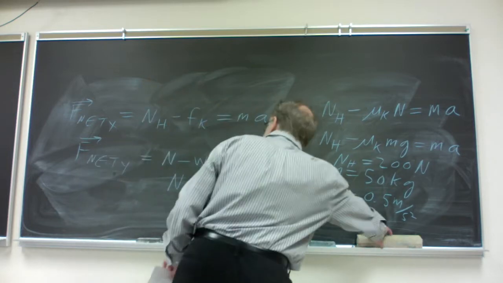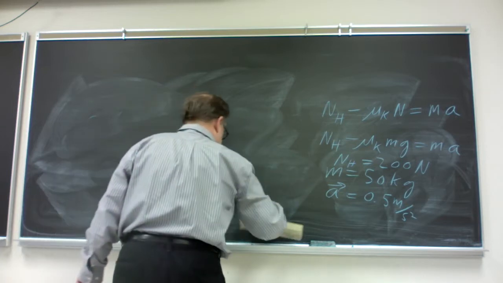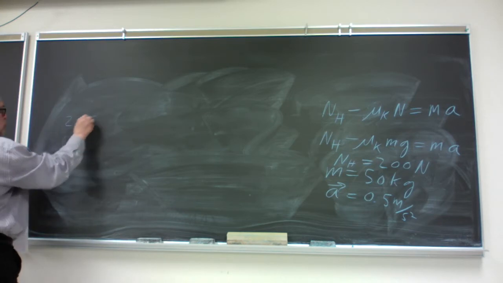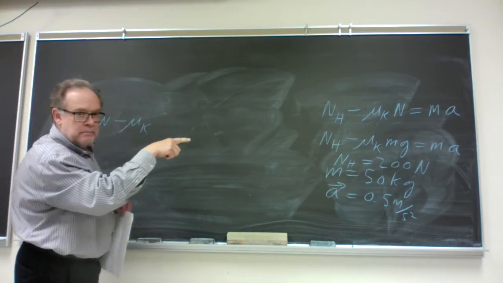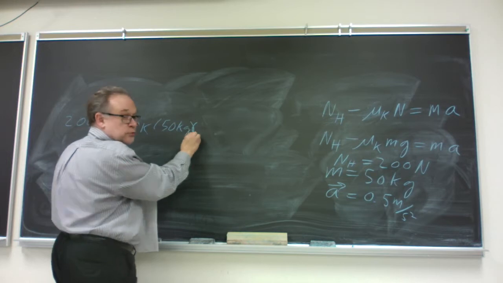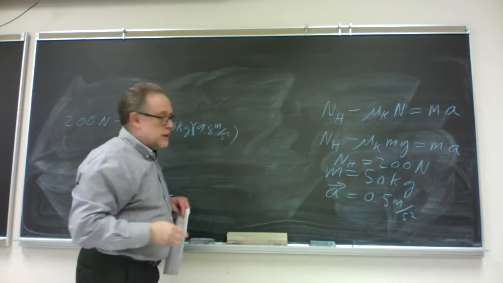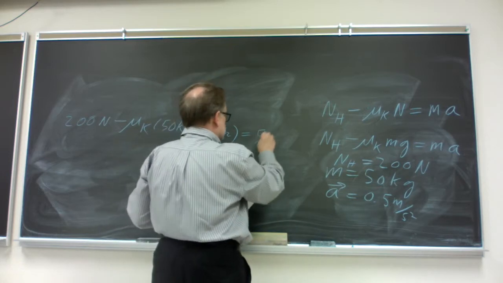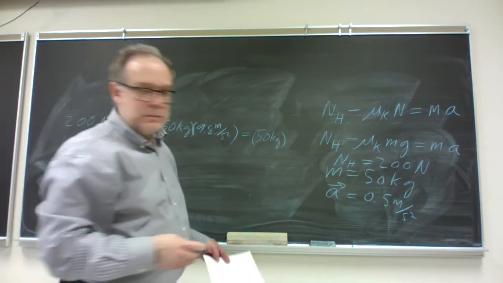So it looks like this. Normal force from my hand is 200 newtons minus coefficient of kinetic friction times mass, 50 kilograms, times the acceleration from gravity, 9.8 meters per second squared, equals mass of 50 kilograms times acceleration of 1/2 meter per second squared.